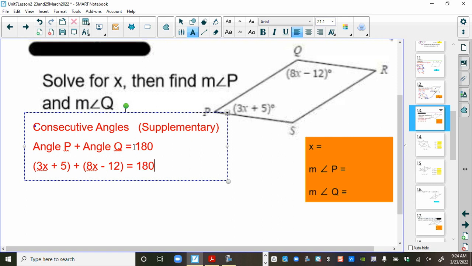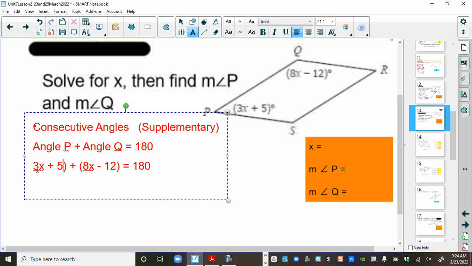All right, now, do we need the parentheses? We don't. But what do we need to do? You see, more than two terms. We need to combine like terms.